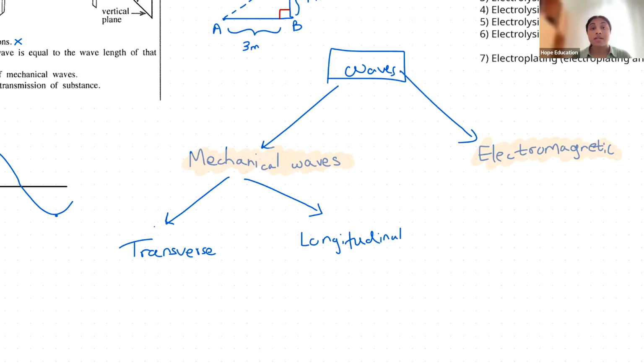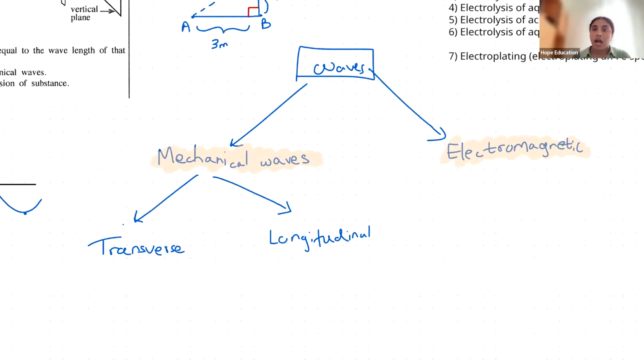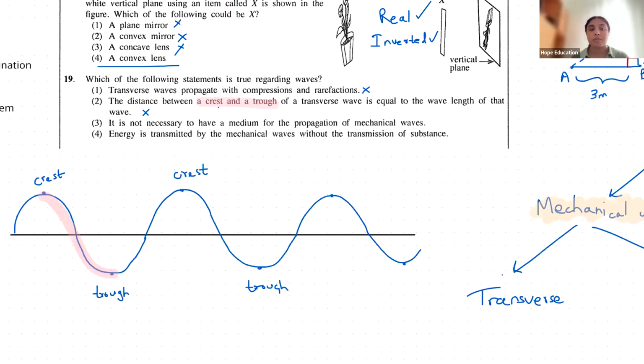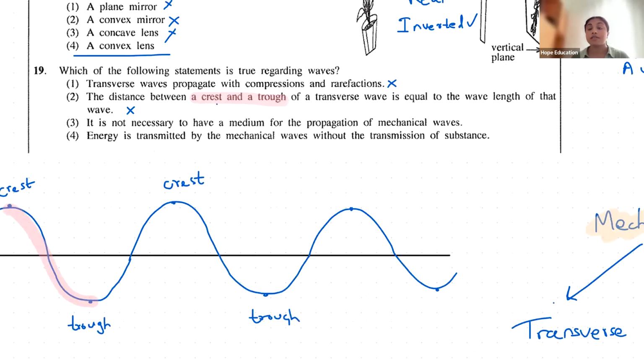Mechanical waves must need a medium to propagate, either a solid, a liquid or a gas. However, electromagnetic waves don't need that. They propagate whether there is a medium or not. So the statement is wrong. Mechanical waves definitely need a medium.